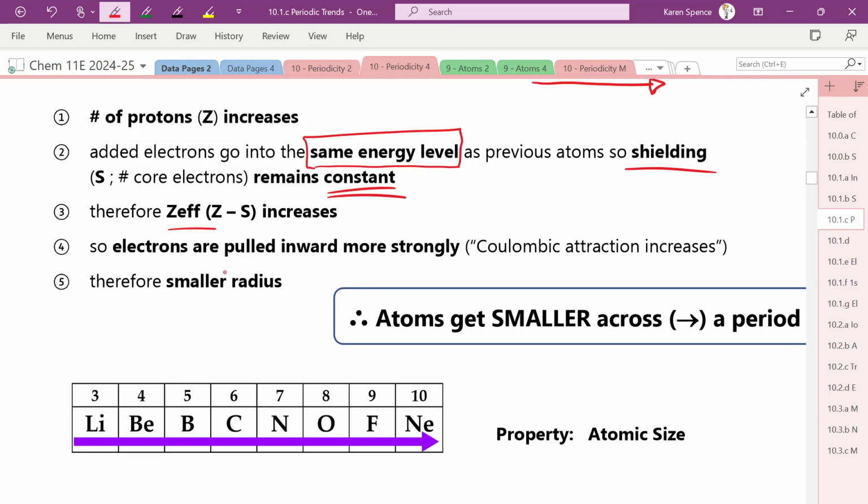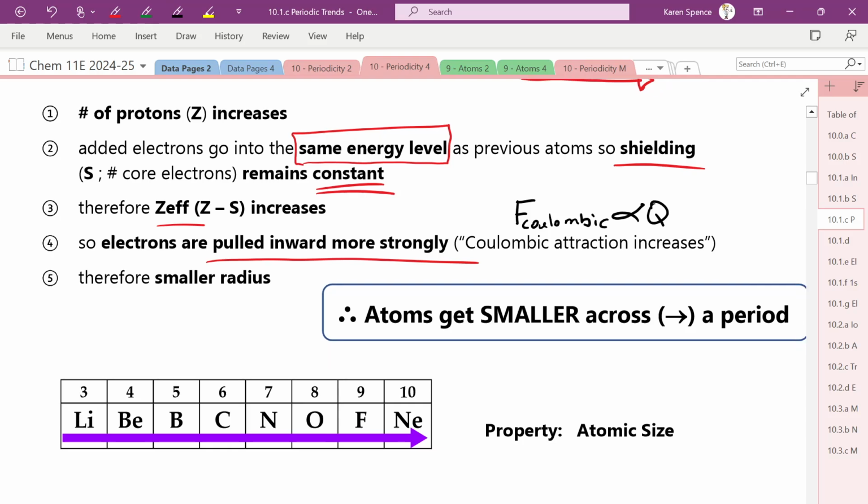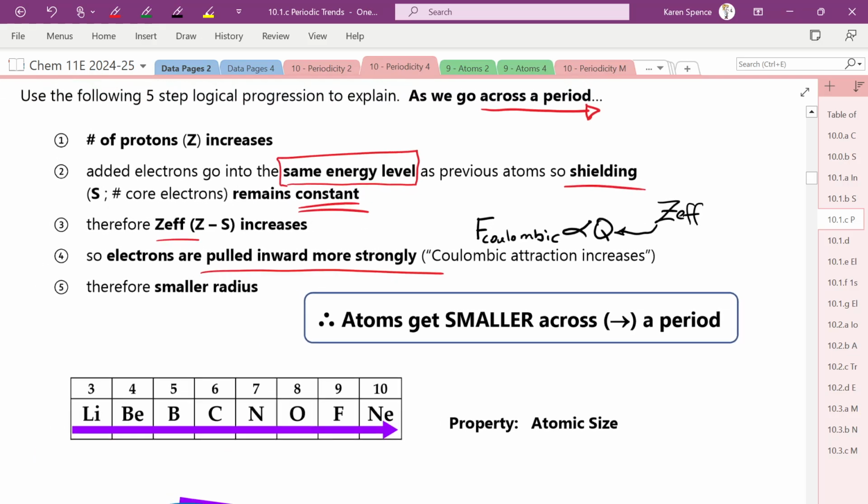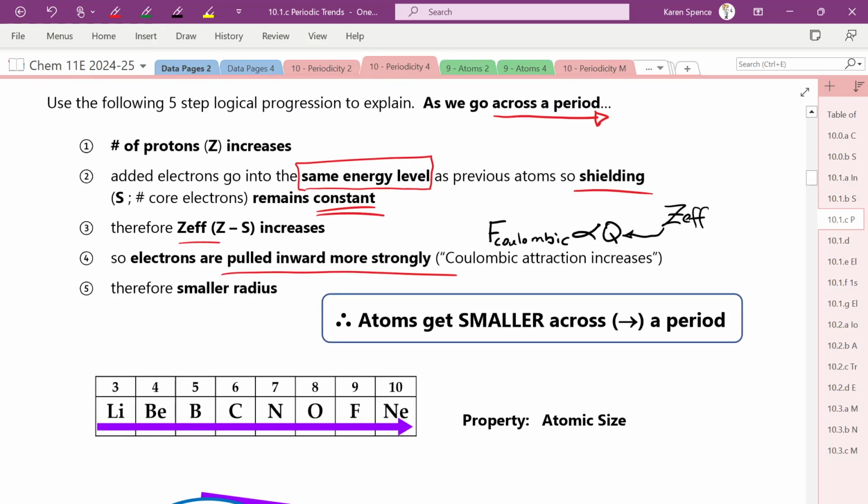That means the electrons are pulled inward more strongly because Coulombic attraction is proportional to the charge. And what's the charge we're interested in here? Zeff. And so therefore we get a smaller radius.